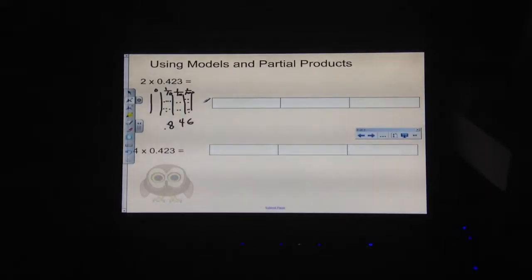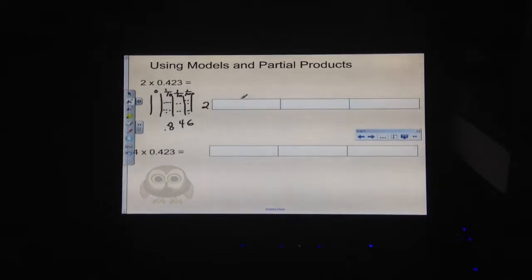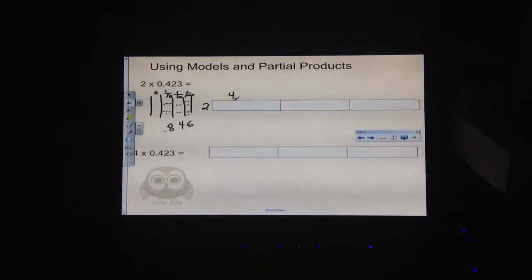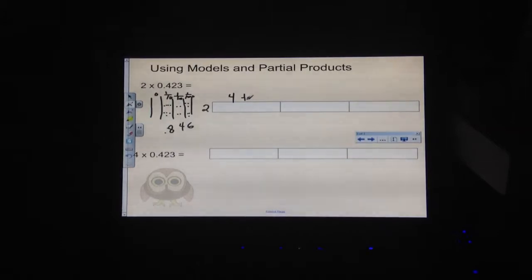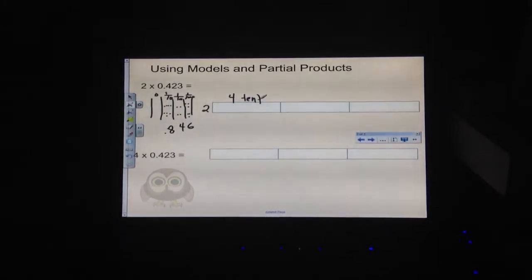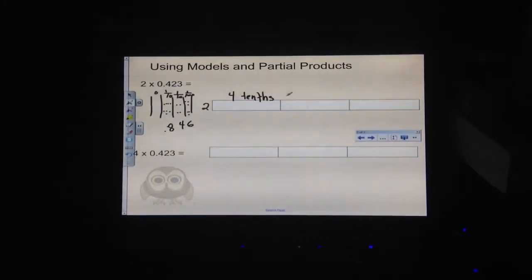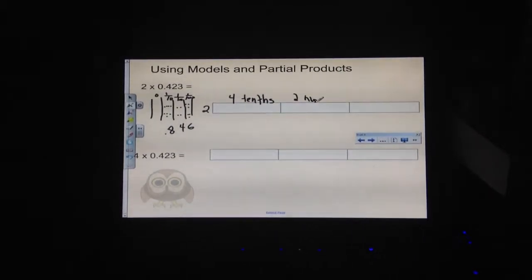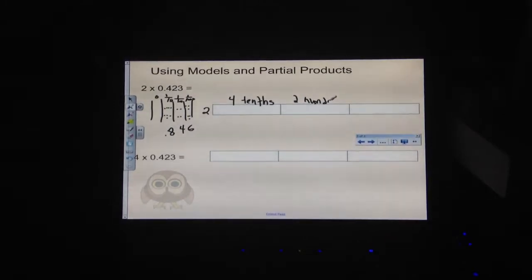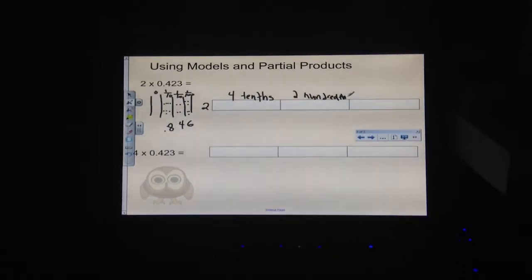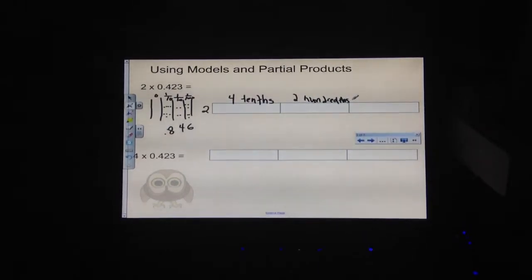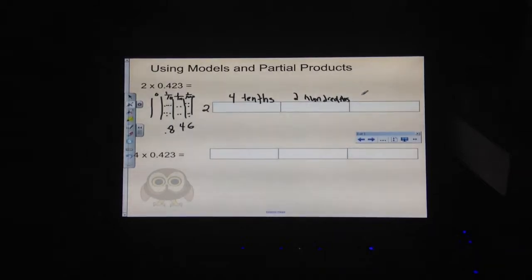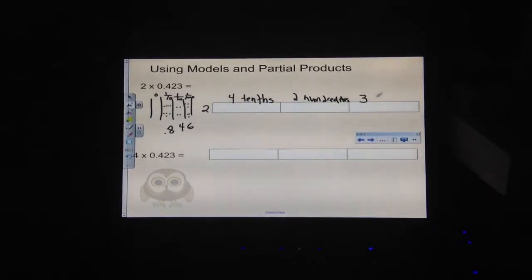Now we're going to look at partial products. What they're saying is you're multiplying each section of that by 2. So in each section I have 4 tenths, 2 hundredths, and 3 thousandths. Sorry for the messy handwriting, I'm writing with a mouse.